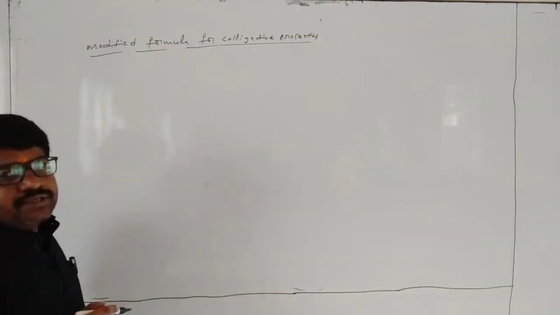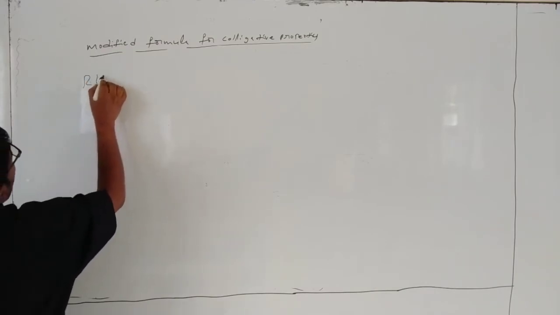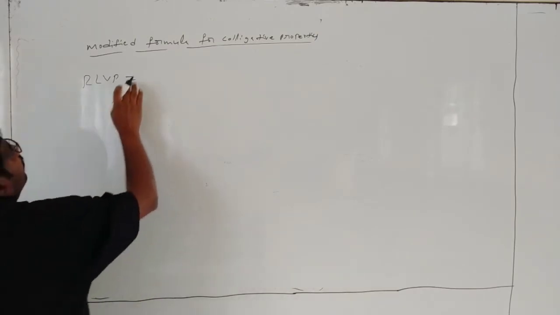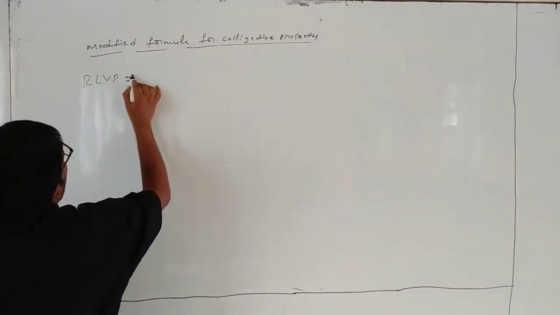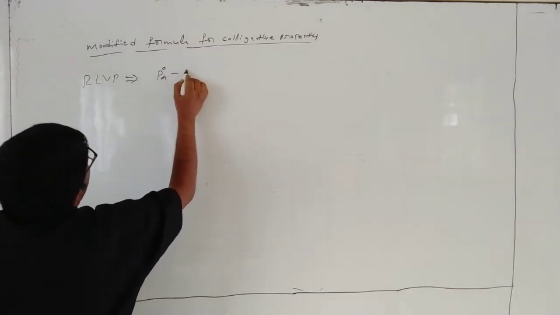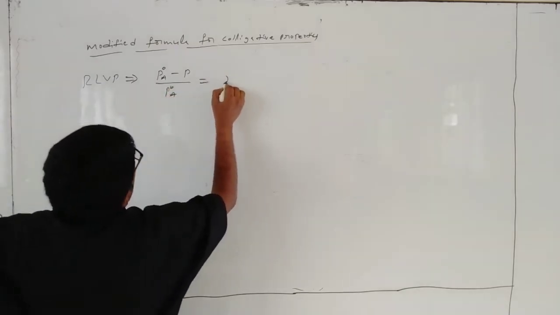So you know the relative lowering of vapor pressure formula. RLVP is equal to (P naught A minus P) by P naught A is equal to X2.